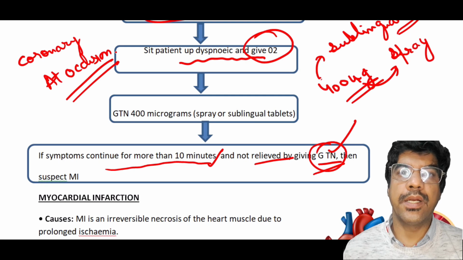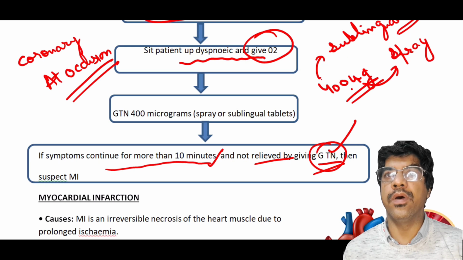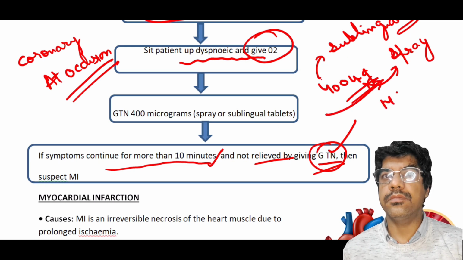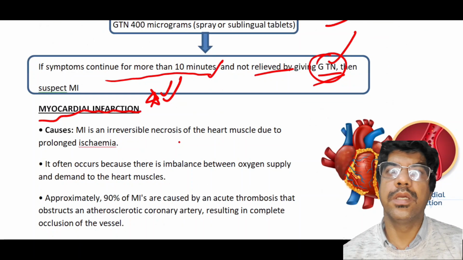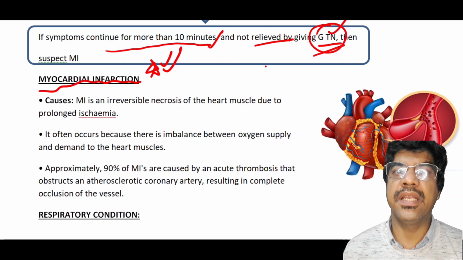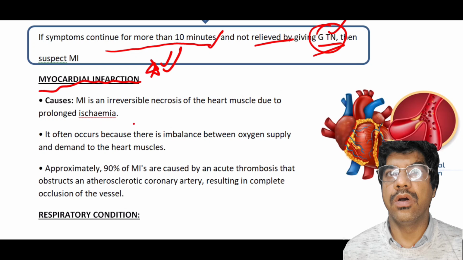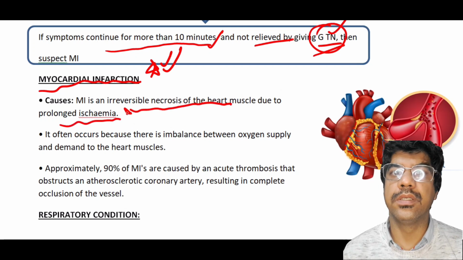So when a coronary artery becomes completely blocked, that can result in a heart attack, or myocardial infarction. Remember, myocardial infarction is also known as heart attack. It occurs when there is irreversible necrosis of the heart muscle due to prolonged ischemia.